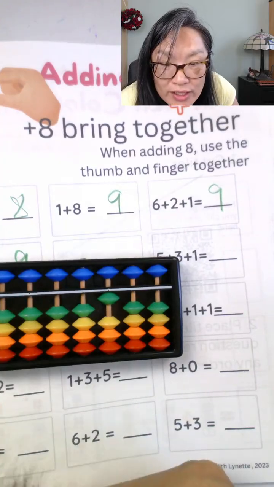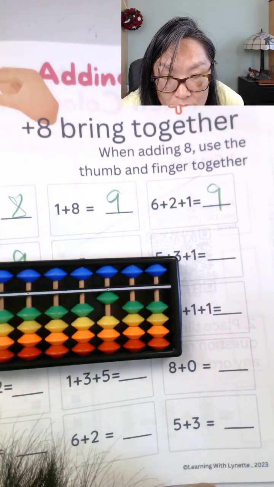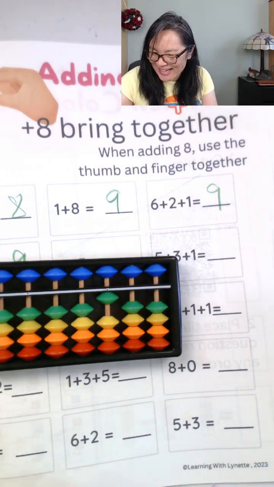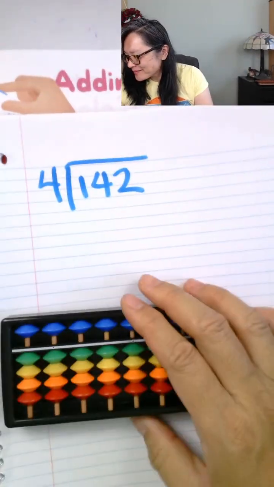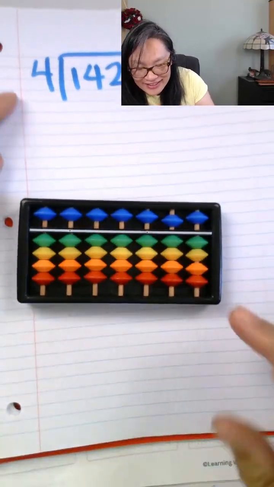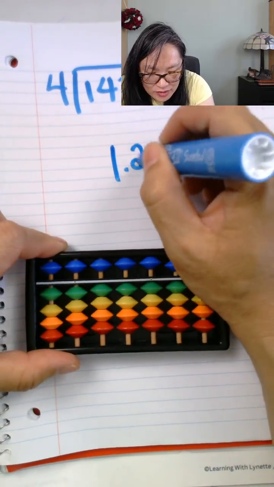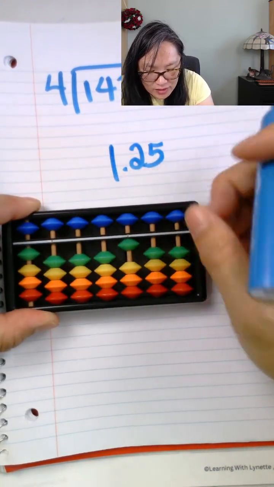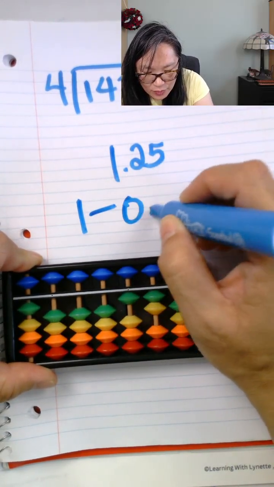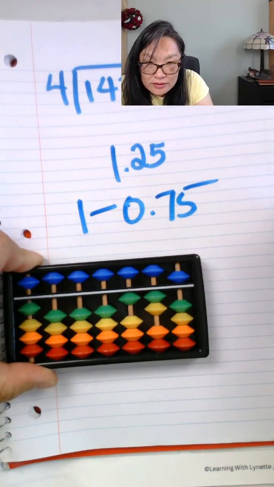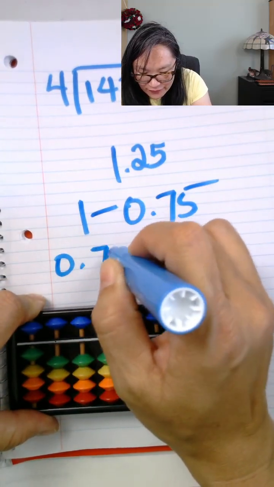Quick question. Yes. How do you end up with tenths and hundredths? Because it would be 0.1. It'd be exactly the same. Because it would be $1.25, right? So if I had 1 minus 0.75, right? 0.75.